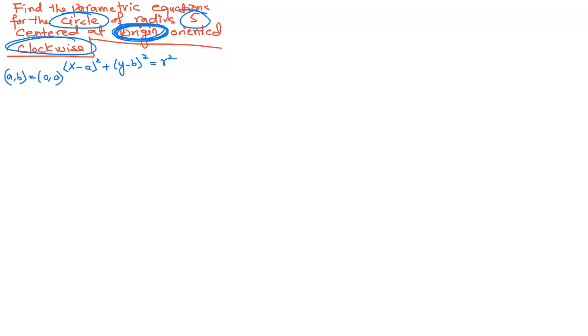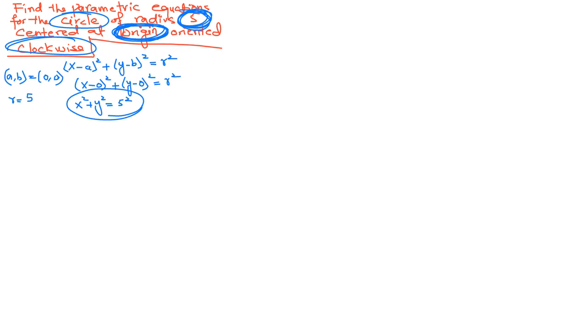So the equation of circle becomes x minus 0 whole square plus y minus 0 whole square is equal to r square. Now it is given that the radius is 5, so r is equal to 5. Just simplify, I get x square plus y square is equal to 5 square.